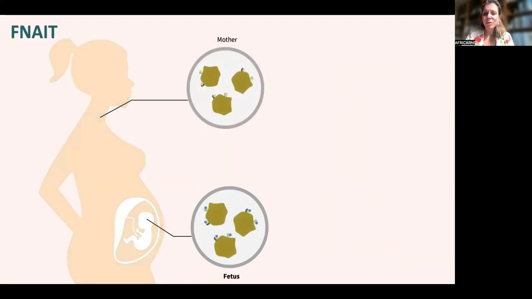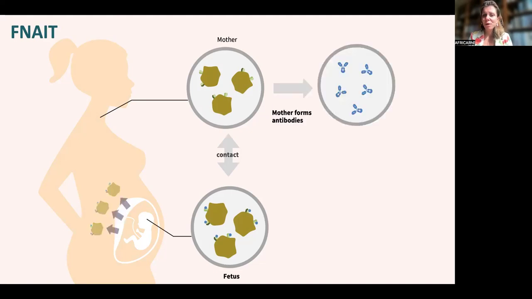It's a bit similar for FNAIT. There is an incompatibility for human platelet antigens between the mother and the fetus. And again, this induces complications. We see that antibodies are formed and cross over the placenta back to the fetus, where these target cells are found.